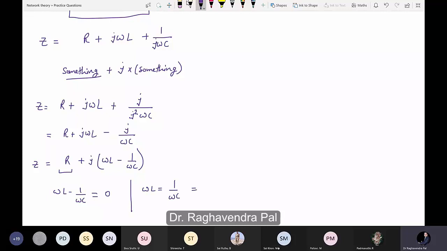And if you further solve it, what you will get? Omega square is equal to 1 by LC. So omega is equal to 1 by under root LC. Correct?